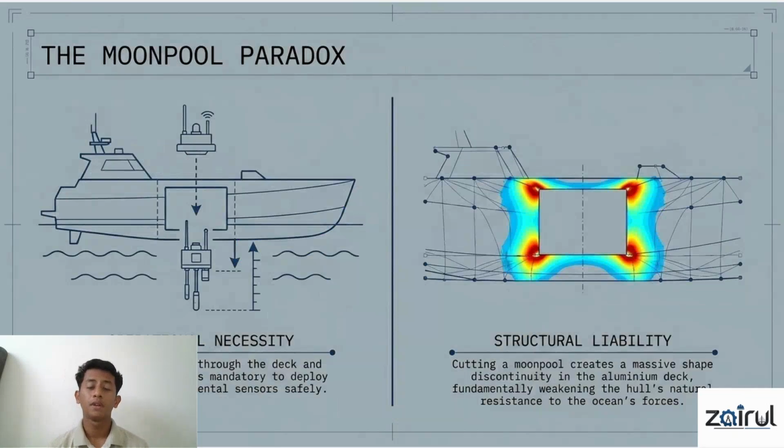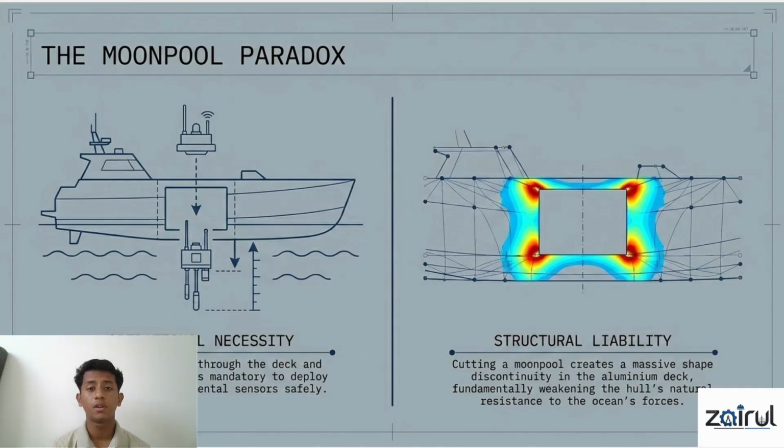Now, the moonpool creates two major challenges. First is operational necessity, because it is essential for launching and recovering underwater equipment safely. Second is the structural liability. The opening interrupts the load path of the hull and creates stress concentration around the corner of the moonpool.